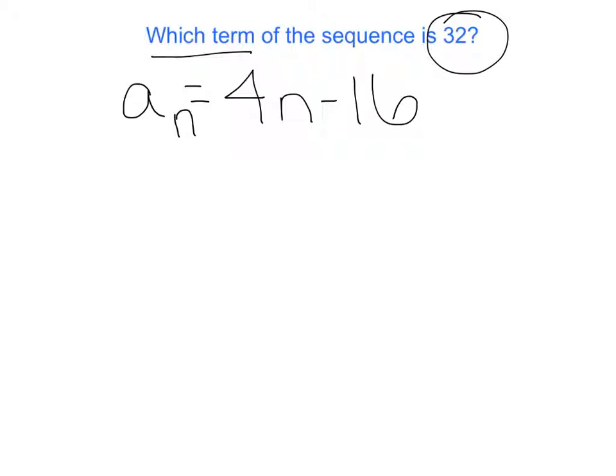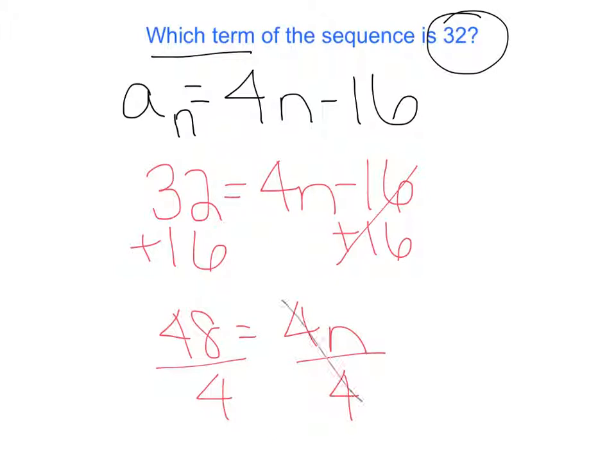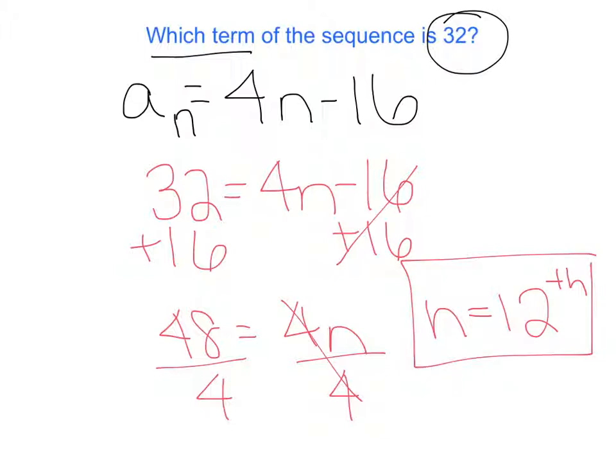So we would plug this 32 in for a_n, because that's the number, equals 4n minus 16. So you add 16 to both sides. You get 48 equals 4n. Then you divide both sides by 4. And so you would determine that the 12th term in the sequence would be 32.